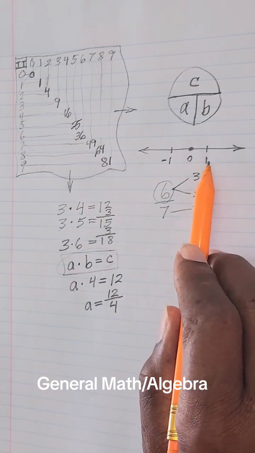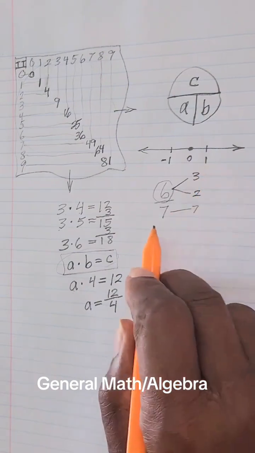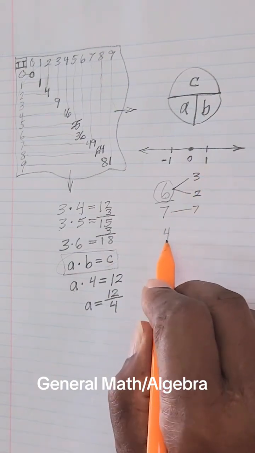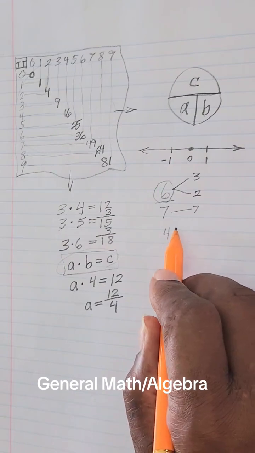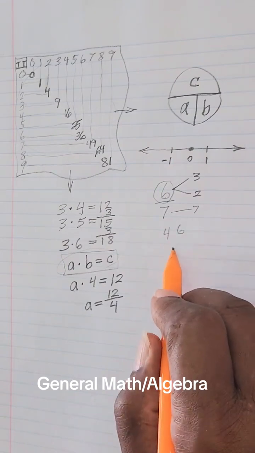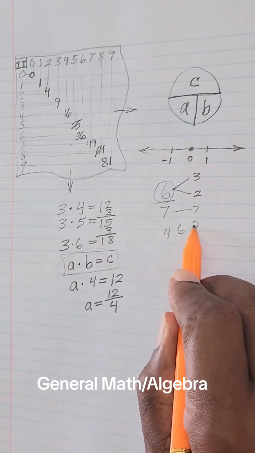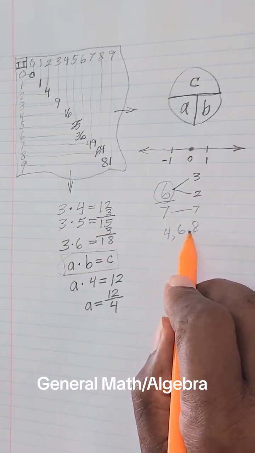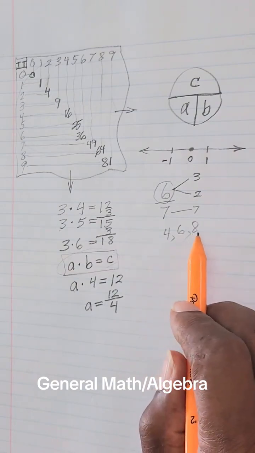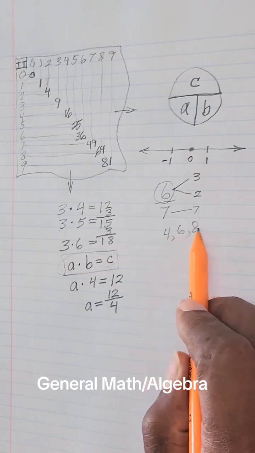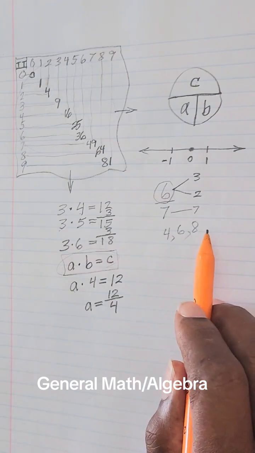You go 2, 3, which is prime. 4 is a composite number. 5 is prime. 6 is a composite number. 7 is prime. 8 is a composite number. What do I mean by composite? They're made out of primes. You check it out. All those numbers in between primes are all composite numbers.